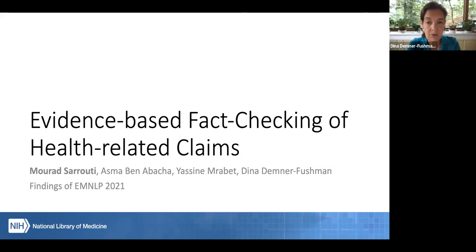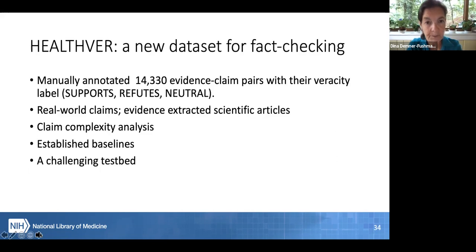So he set out to produce a new fact-checking collection. And it was just accepted for findings of EMNLP. So congratulations to Murad. And what he is providing is manually annotated evidence claim pairs. And he had sort of two issues with the existing collections. One, that the claims are generated from the sentences that will be then judged for these claims.